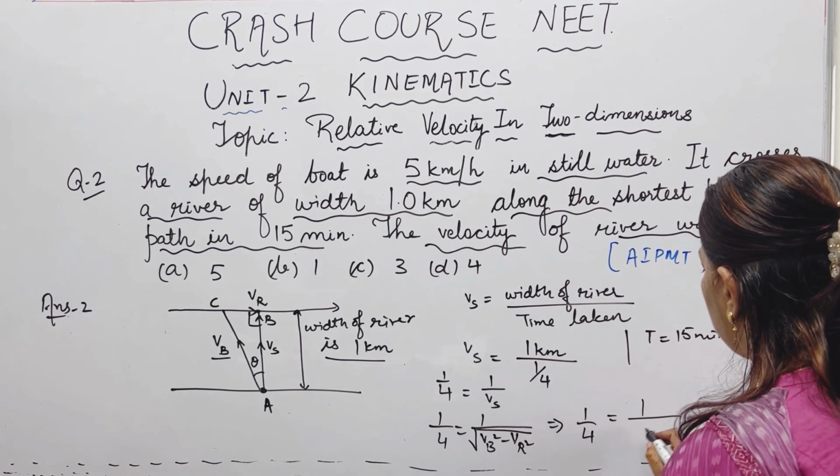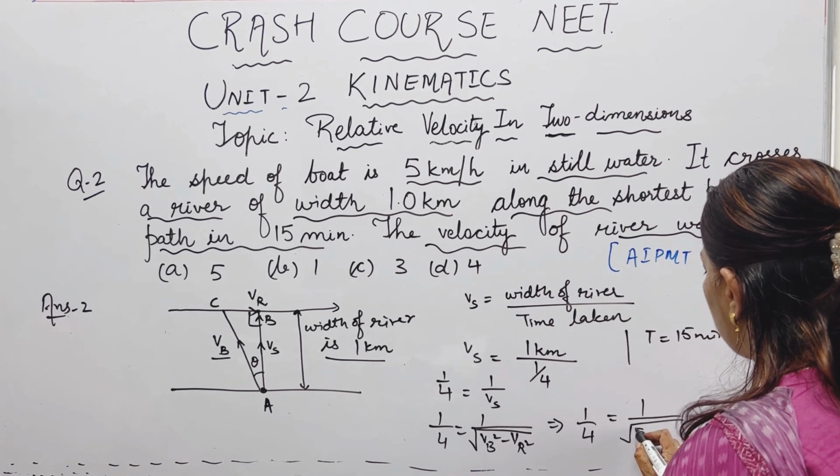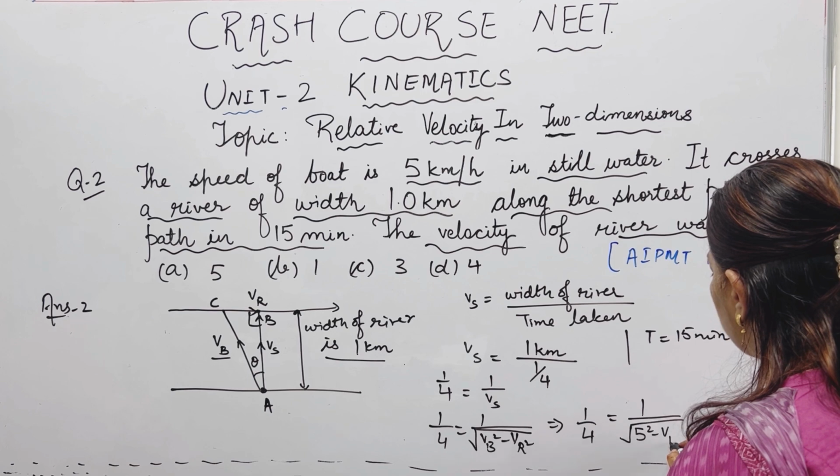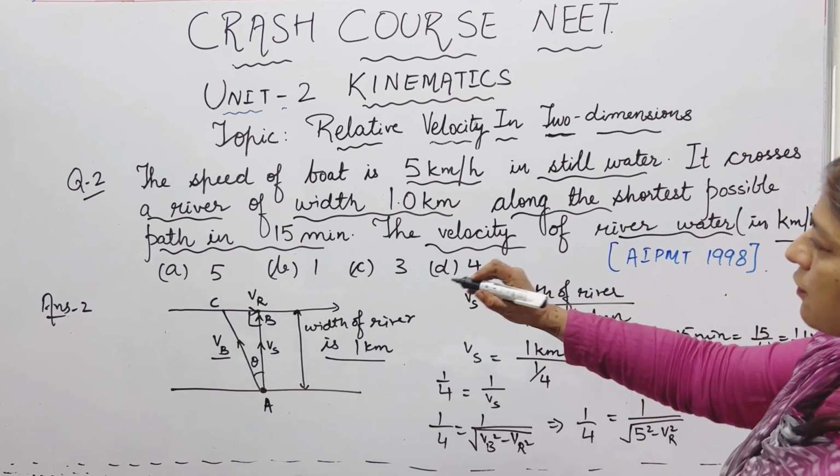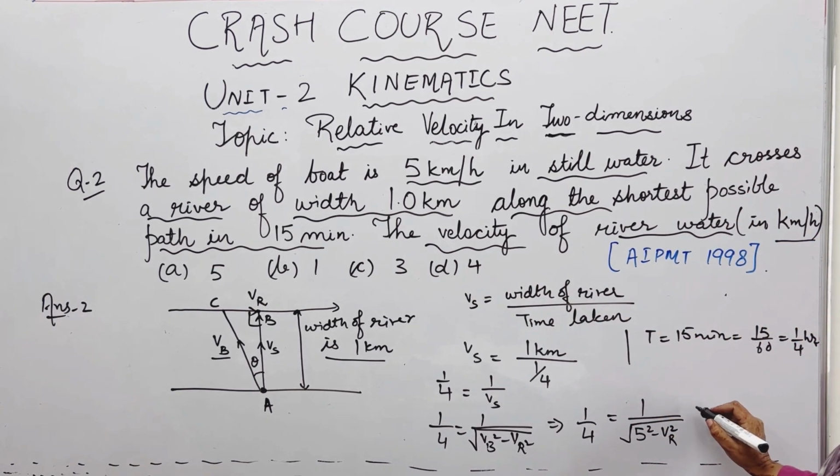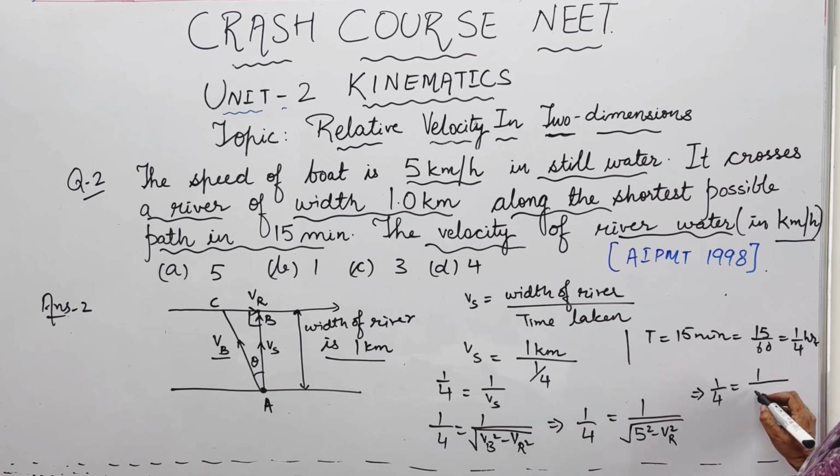So this is 5 square minus Vr square. Vr is the velocity of the river that is to be calculated, and we get 1 by 4 is equal to under root 25 minus Vr square.